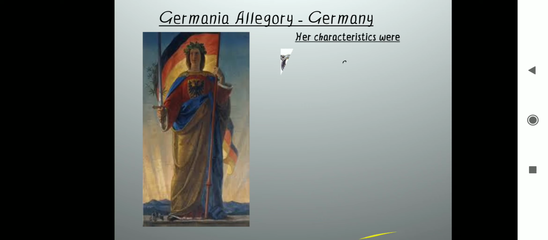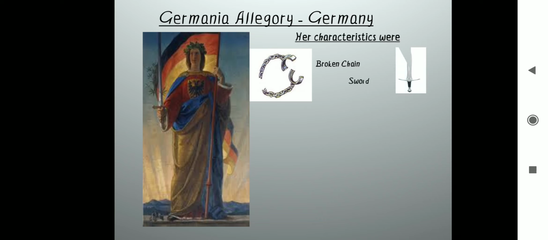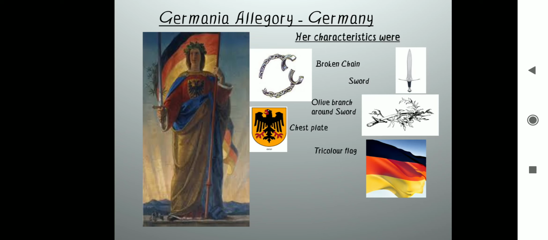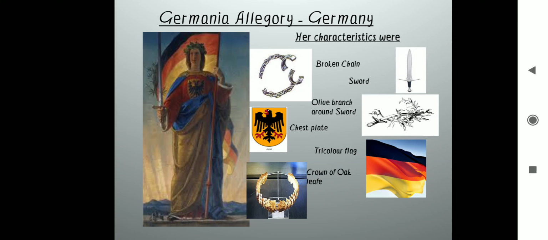Her characteristics were broken chain, which you can look at the bottom of the picture near her leg, a sword in her hand, olive branch around the sword, chest plate on her dress, tricolor flag in her hands, crown of oak leaf on her head, and each of these characteristics has certain meaning.